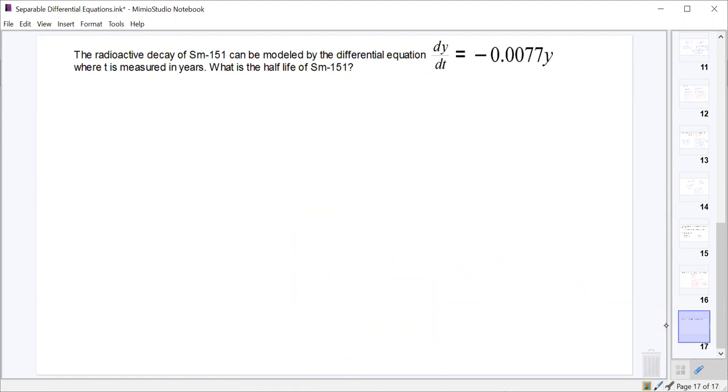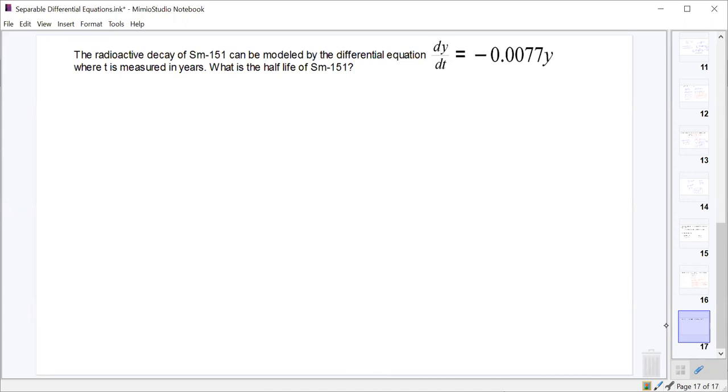All right. So this is the one problem here that we are going to do real quickly: we're going to figure out the half-life of samarium-151, which is modeled with the differential equation dy/dt equals negative 0.0077y.